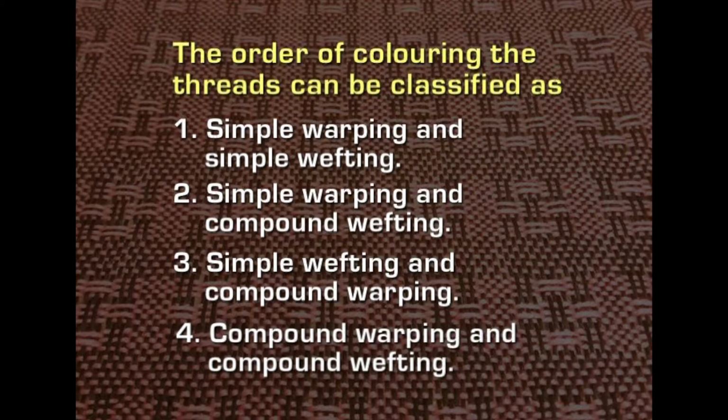When you take the first and the last one, that is simple warping and simple wefting, and compound warping and compound wefting, in these two the order of warping may be the same as, or different from, the order of wefting. To each order of coloring, simple, stripe and check weaves may be applied.